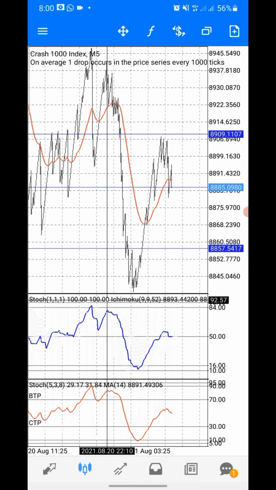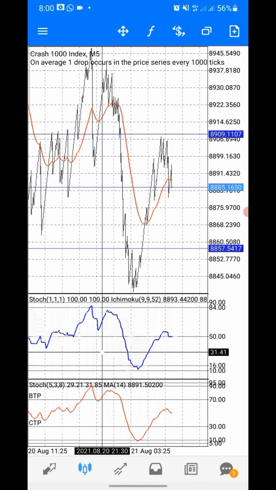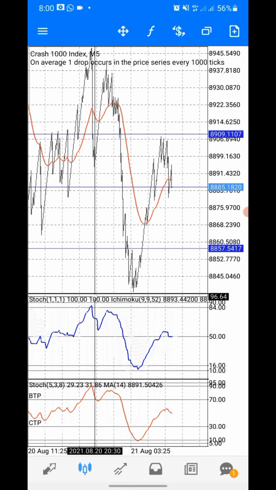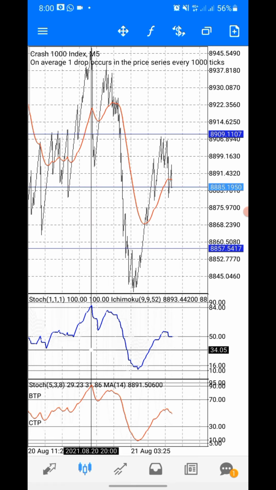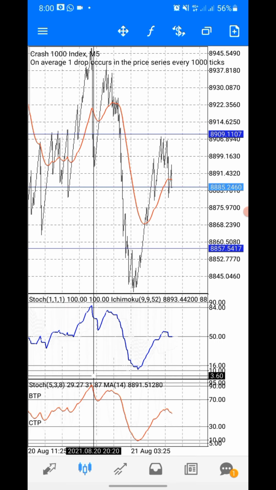The second condition is that the moving average must also be within the 95 and 90 stochastic line. So once the Ichimoku is within the 90 and 84 stochastic line and the moving average is within the 95 and 90 stochastic line, we sell the crash index. Whether Crash 1000 or Crash 500, we sell it.